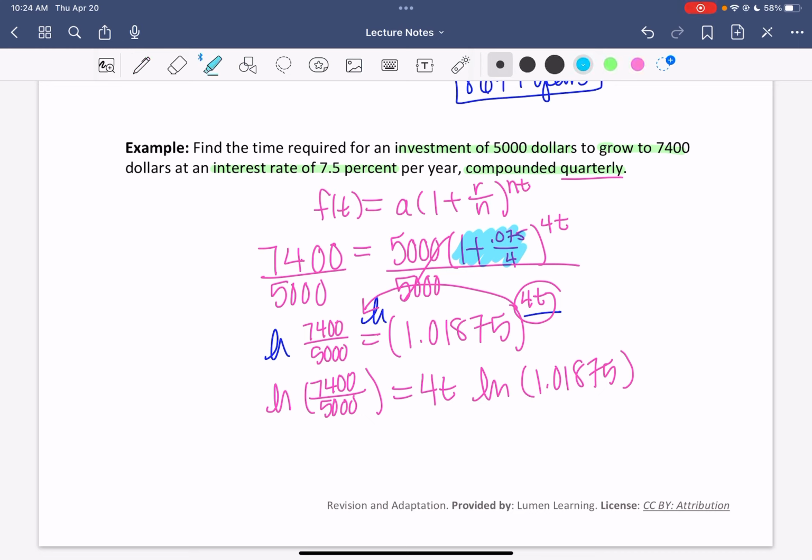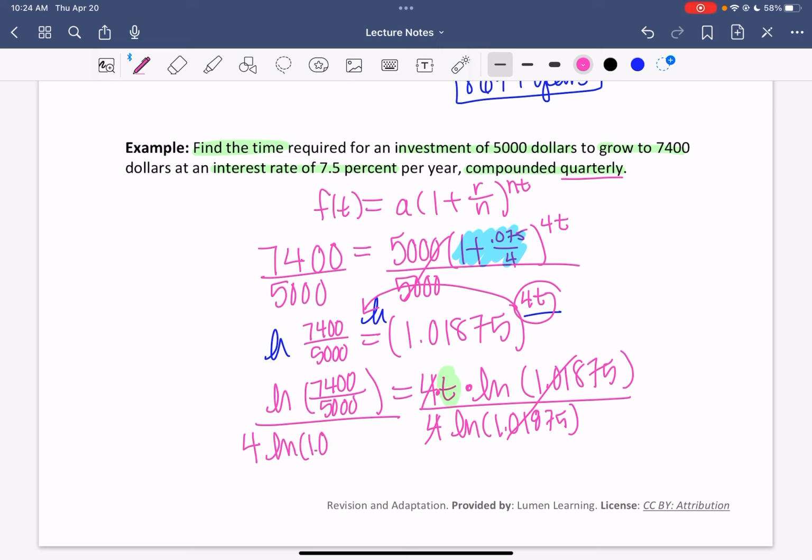And then we got to remember, what's our goal in this? Our goal is to solve for that t. We're trying to find the time required. And so this is 4 times t times ln of that number. So I'm going to divide by 4 ln of 1.01875 so that I can isolate that t, but I also have to do it over here.